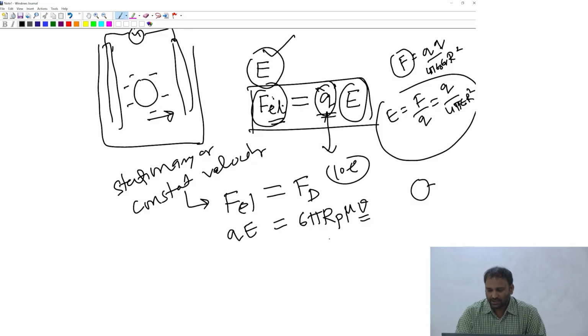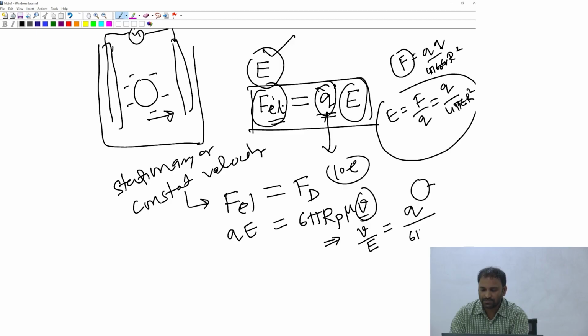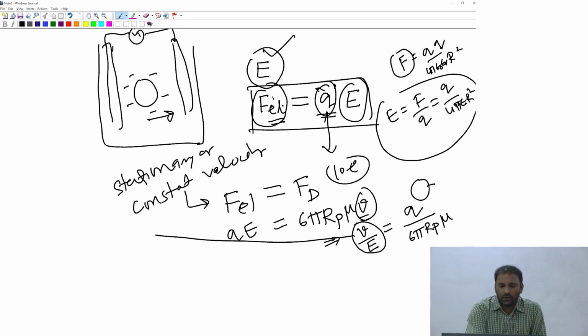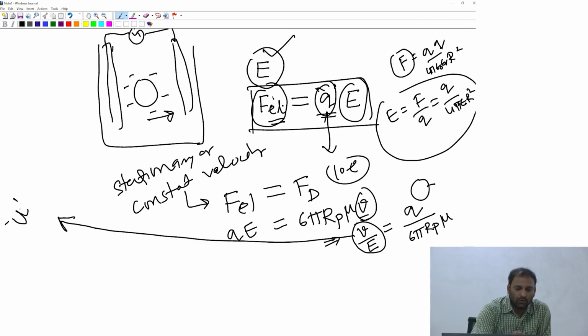Therefore, I can actually get what is v by E, which is the velocity with which the particle is moving divided by the applied electric field, that basically goes as q divided by 6 pi R_P mu. This velocity per unit field is denoted by a quantity u, which is called electrophoretic mobility.